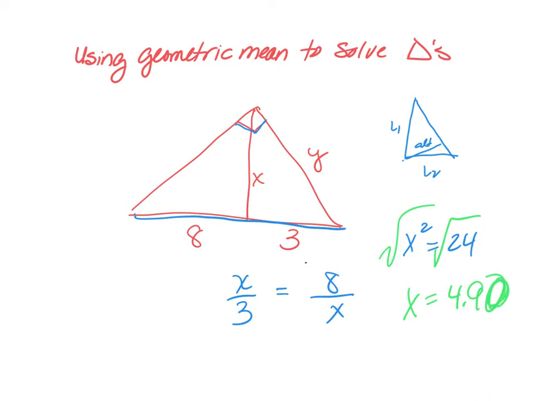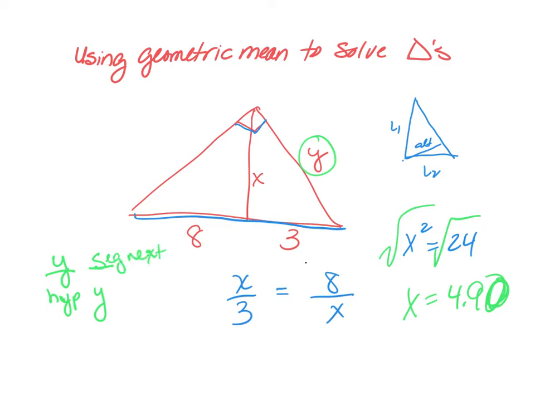Okay? Now, the other rule has to do with the leg. And this one is one that kids get confused about. The leg is the geometric mean between the whole hypotenuse and the segment next to that leg.